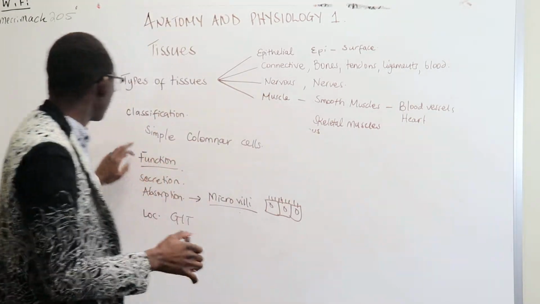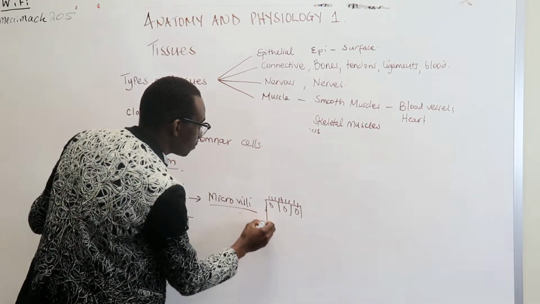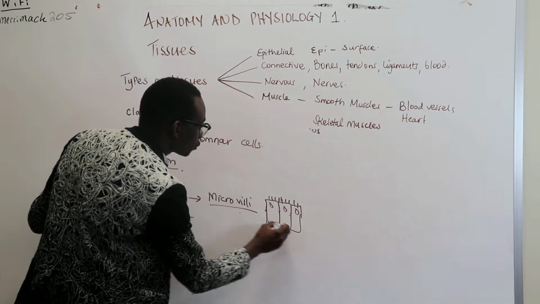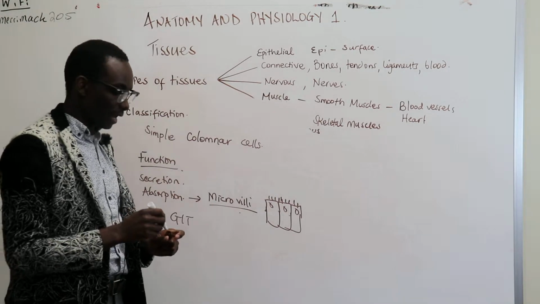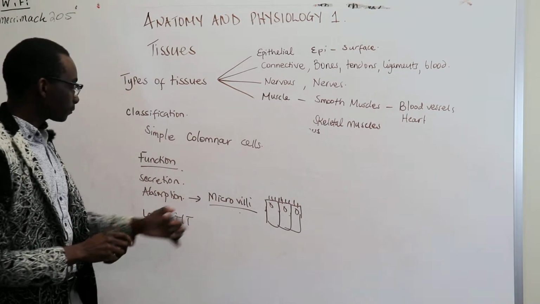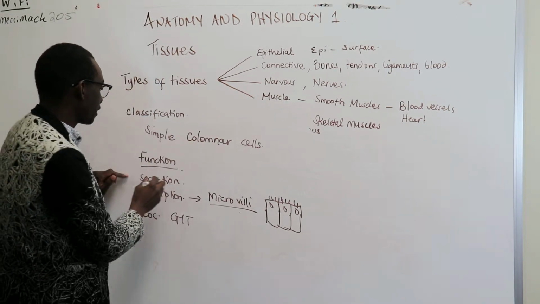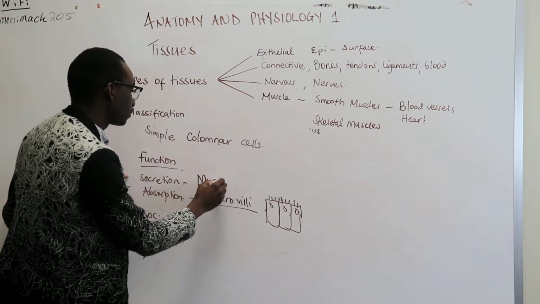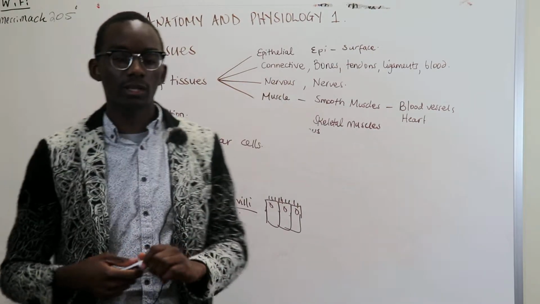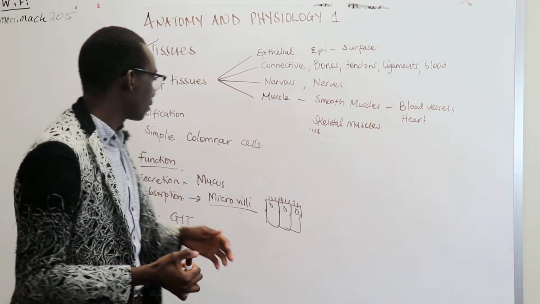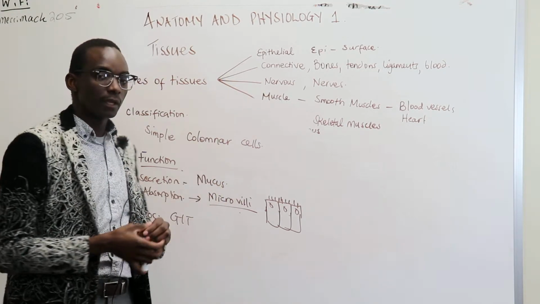The simple columnar cells are long, a bit longer than the ones we saw in simple squamous. They have the microvilli which absorb food materials, and those we find in the upper part of the GIT secrete mucus for lubrication. Some of the mucus also contains bicarbonate ions that help protect the walls of the stomach from the acids that are produced by the stomach, from the goblet cells.